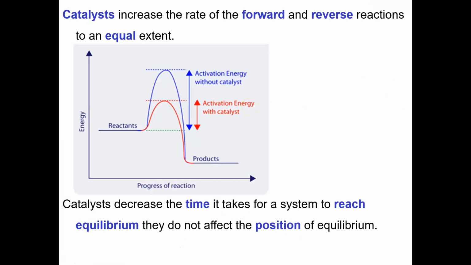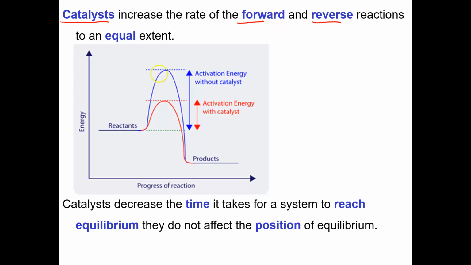It's important to recognize that if we add a catalyst, we will increase the rate at which equilibrium is obtained. The system will come into equilibrium more quickly. However, catalysts increase the rate of both the forward and the reverse reaction to an equal extent.